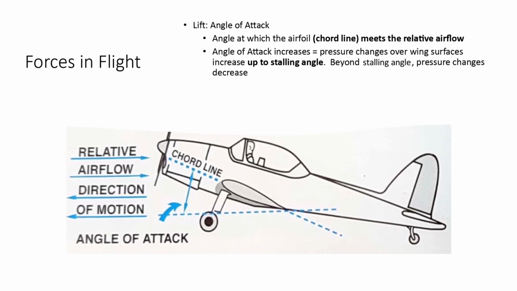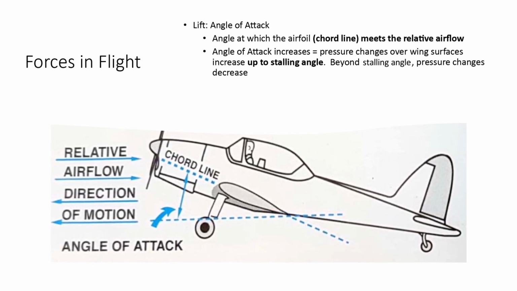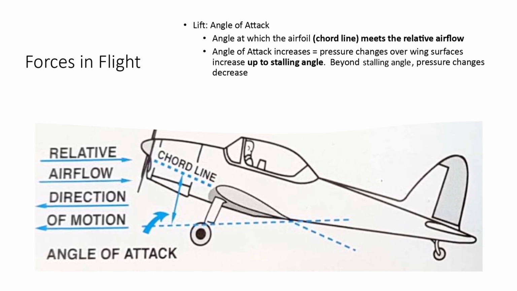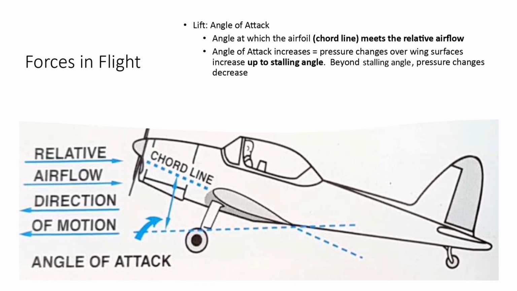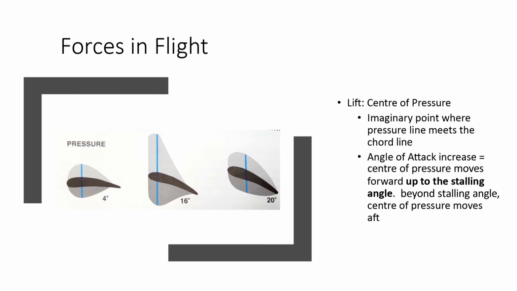Here we have it. The next few slides have pictographics on what to reference. As mentioned, it is important to understand what angle of attack is. How the center of pressure moves when aircraft is about to stall. Basically, it moves forward up to the stalling angle.